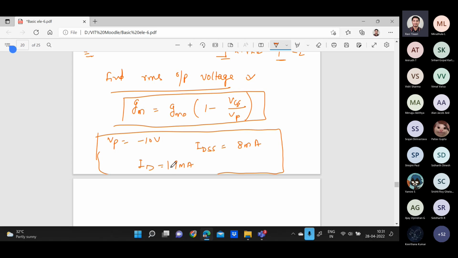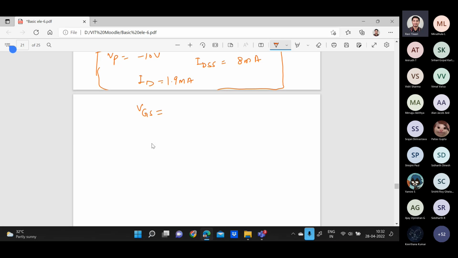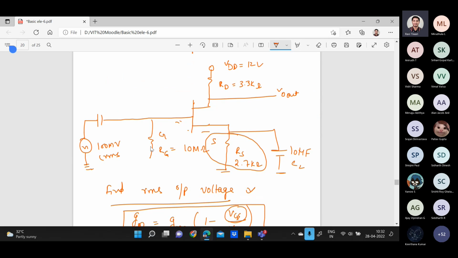So for this we require VGS, the gate to source voltage. That is the first step. This is the gate terminal and this is the source terminal, so the voltage across this resistance will be your VGS. VGS will always be equal to minus ID into RS, because this is the drain current flowing from here.